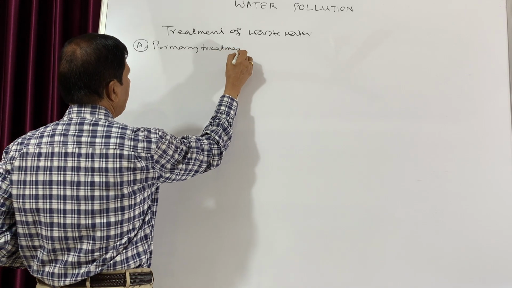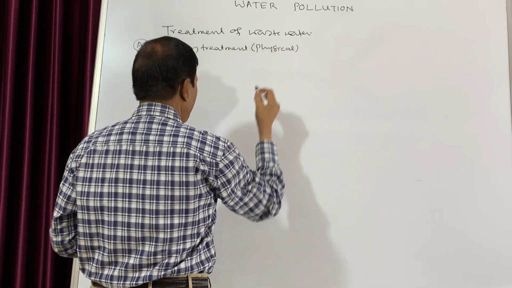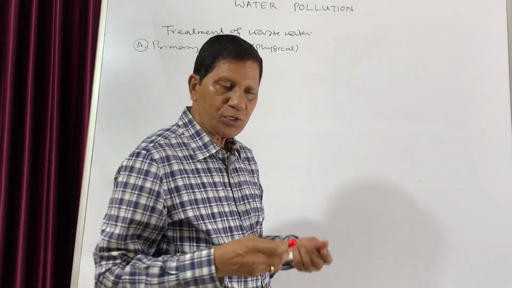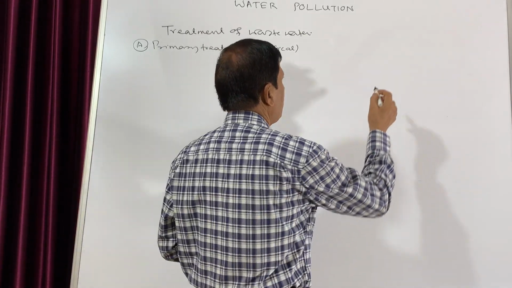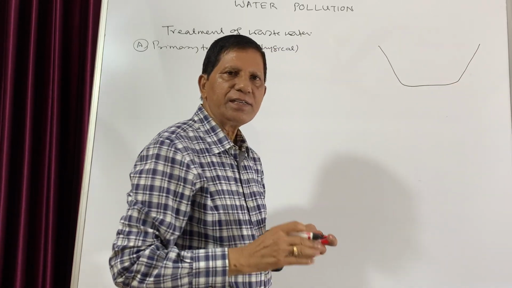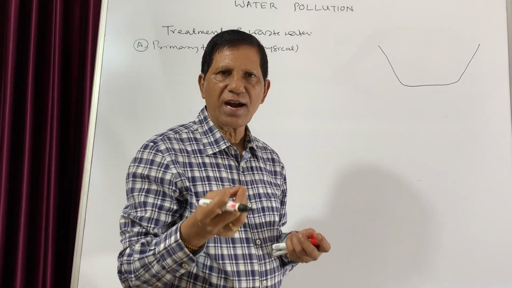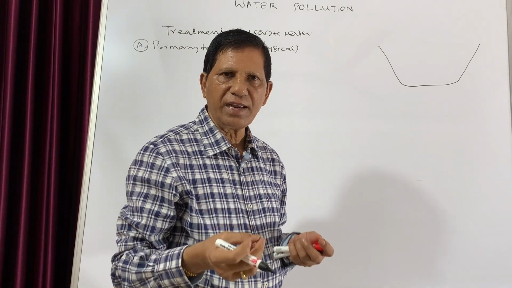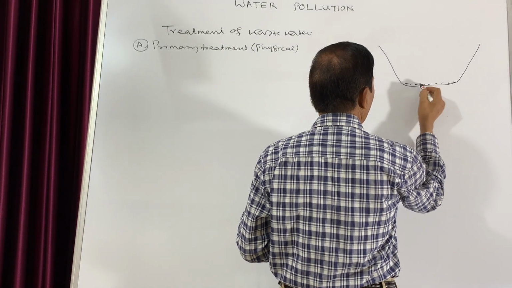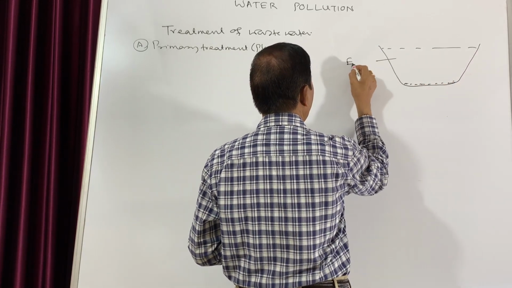and the primary treatment is completely physical. That means the entire wastewater is put in a tank and it is allowed to sediment, so that all the sand, silt and clay, all the heavy metals and materials will be settled at the bottom, and in the upper part this will be known as effluent.